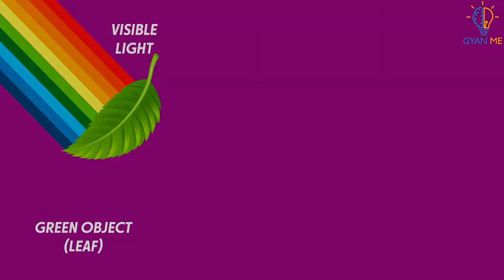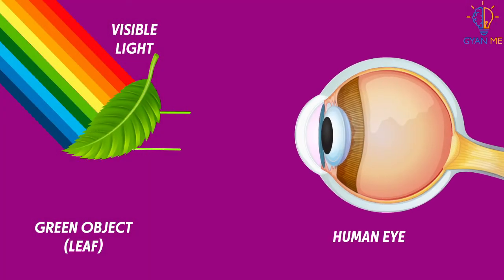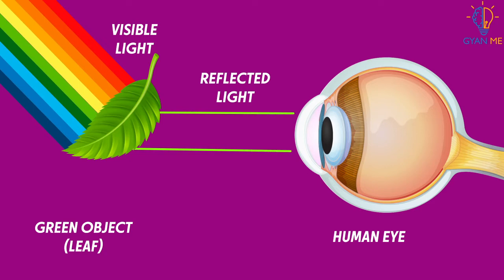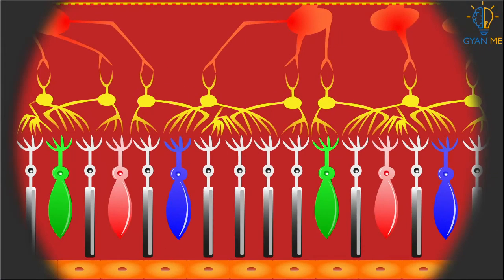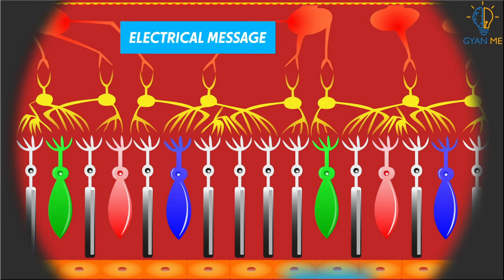For example, when you look at a leaf, green light from the visible light gets reflected from its surface. These rays enter the eye and get bent or refracted before falling onto the retina. When it falls on the retina, it activates the green light sensitive cone cells of the retina, sending electrical messages to the brain, and we can see the leaf's green color.